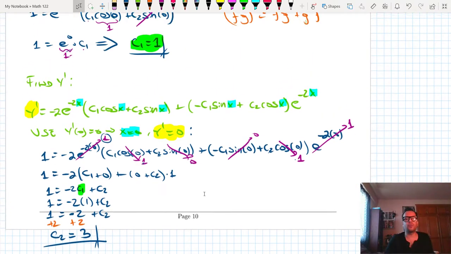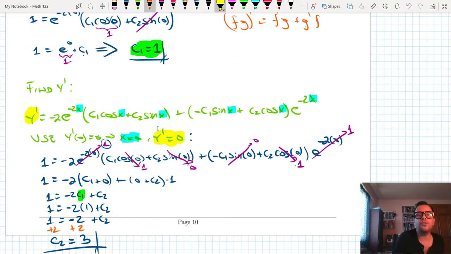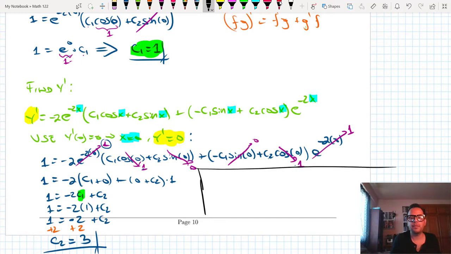Now we're ready to write the equation that was given in terms of c1 and c2 with the particular constants. So the particular solution, let me use black.